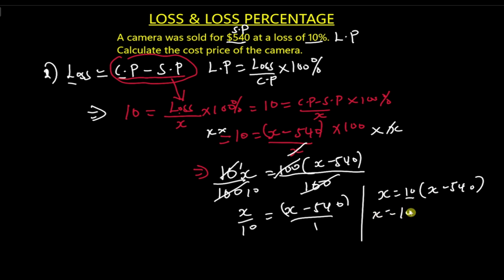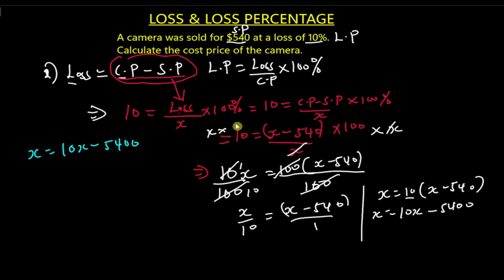So 10x, and then over here 54 times 1 is 54, and we can bring the 0, this 0, and then this 0, so 5400. Now over here we have x, which is equal to 10x minus 5400.